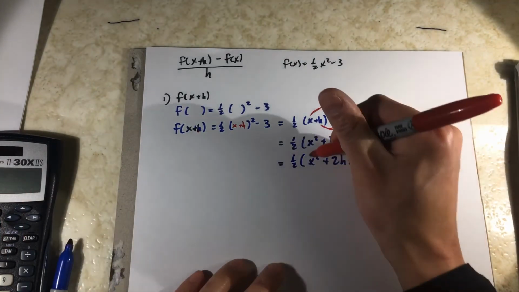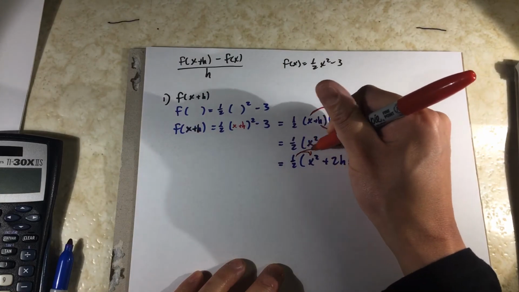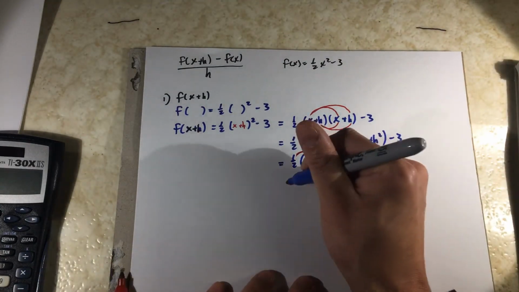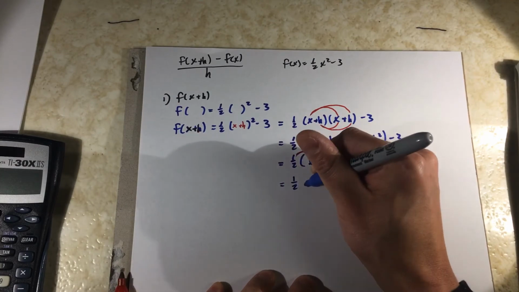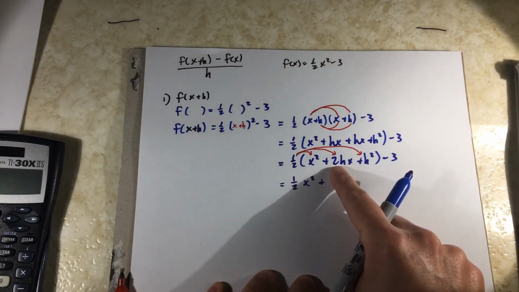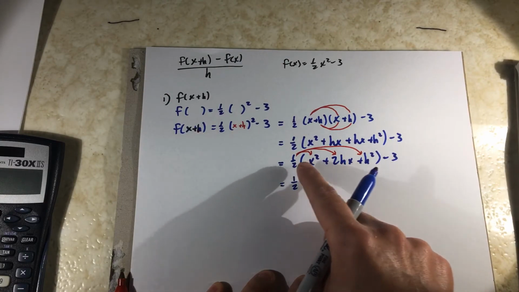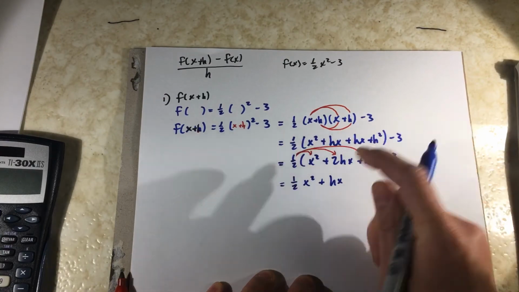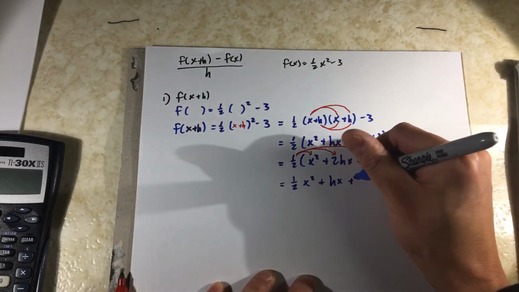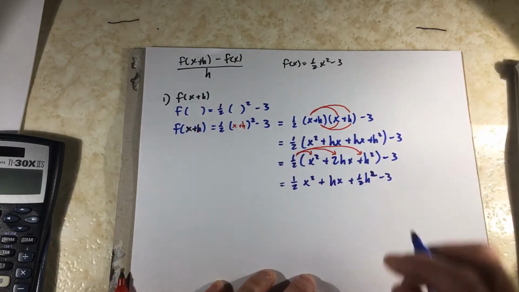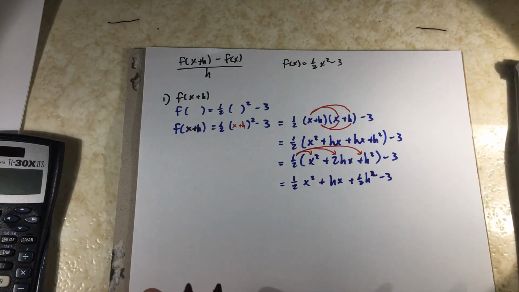And then we're going to distribute this half to each of those terms. And we get 1/2 x squared. And then this 1/2 times 2hx becomes just hx, since half of something multiplied by 2 is just equal to it. And then half times h squared, minus 3. All right, so that's our f of x plus h.